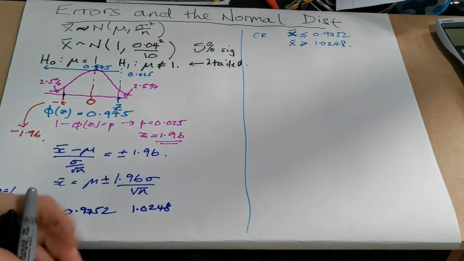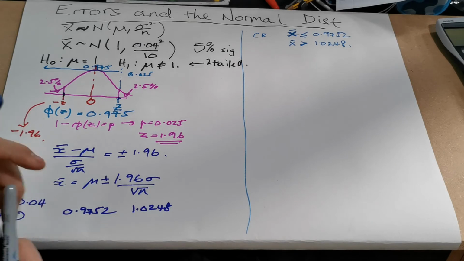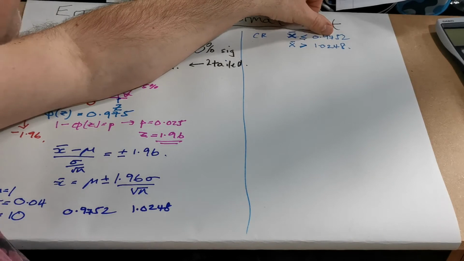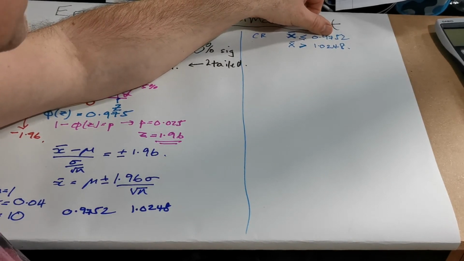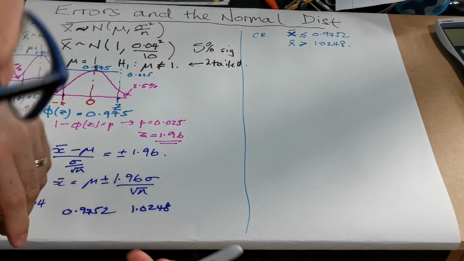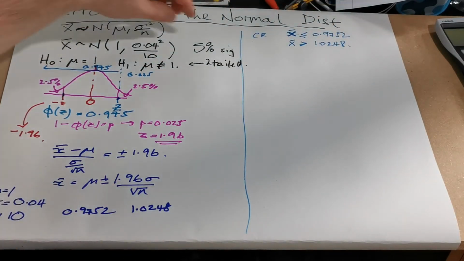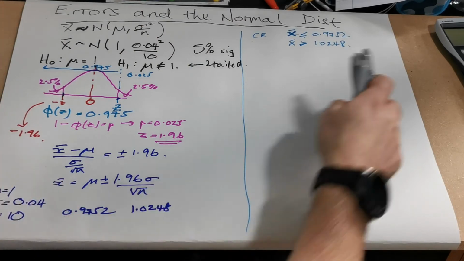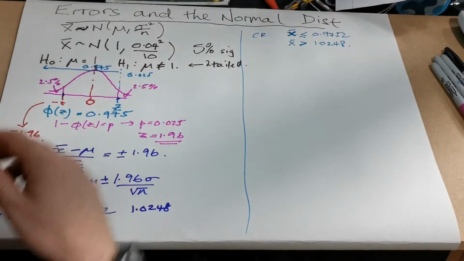And the interest in that is that if I weighed 10 bags of sugar, and the mean came out less than that, I would know it needed resetting. And if it came out as more than that, I would know that it needed resetting, within the realms of our 5% significance. Now, that's part A done.